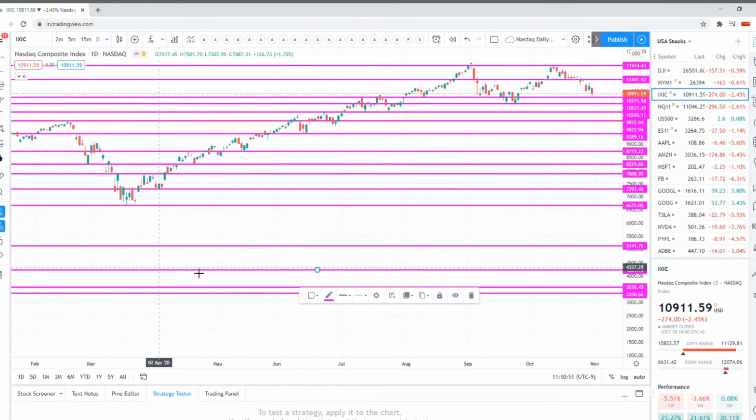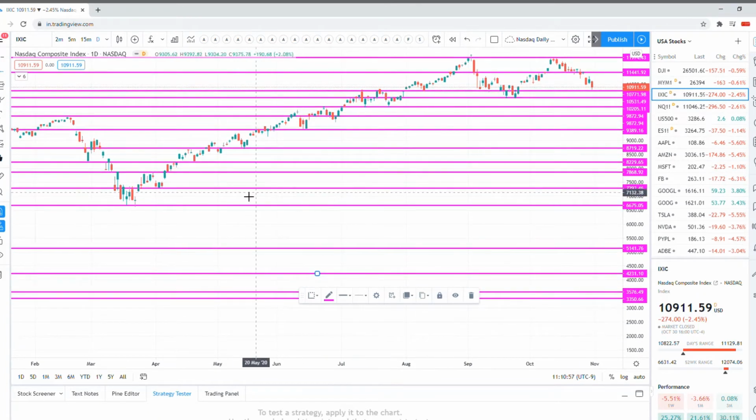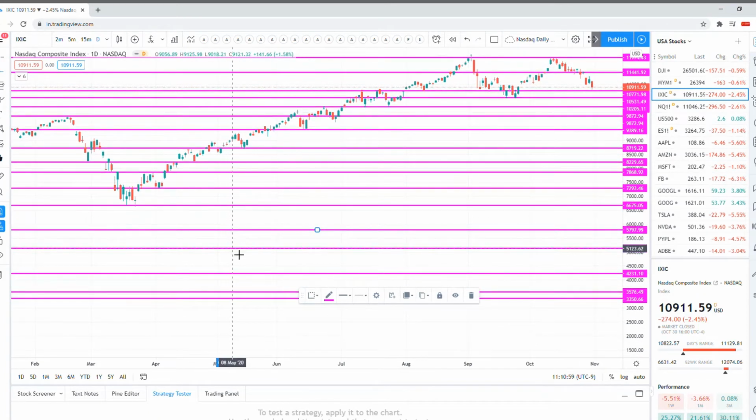Most powerful index in the world. Controls everything, all the nice things. So if we have to make a Fibonacci level, probably we can start from May.